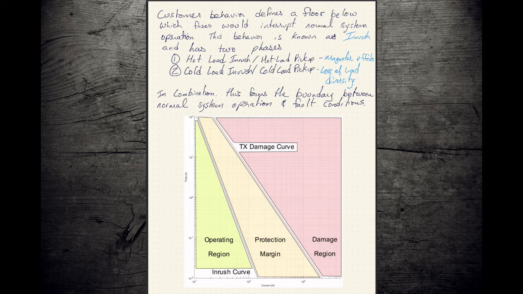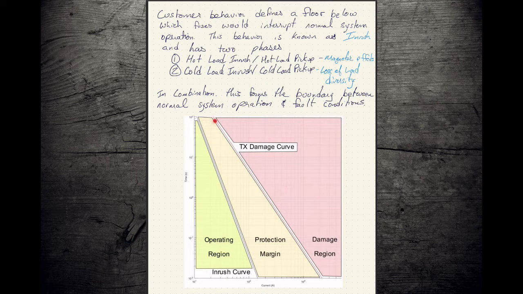And so if you plot these two lines, your inrush curve forms a boundary between what is considered the regular operating region, and anything beyond that is considered a fault.